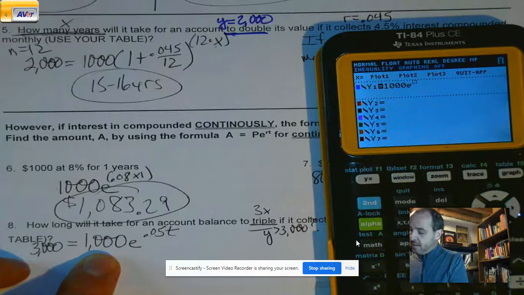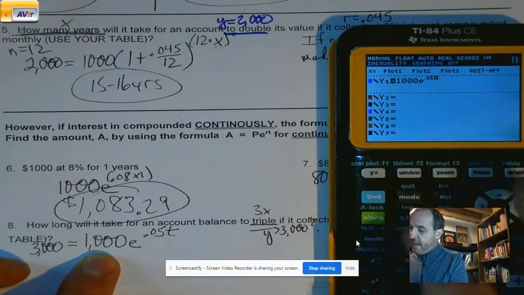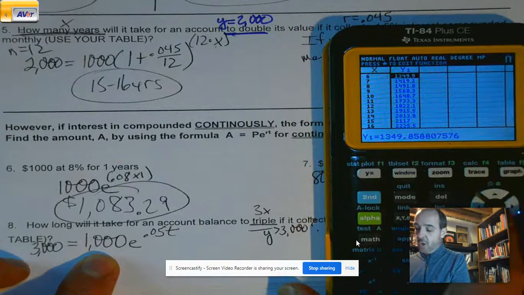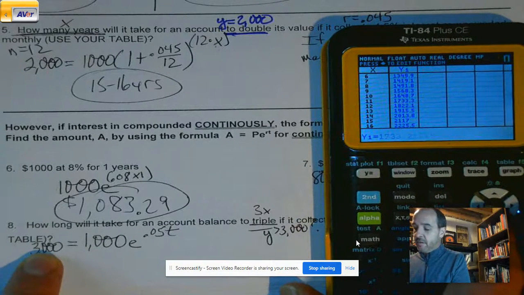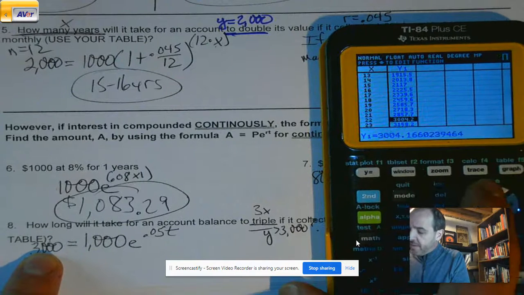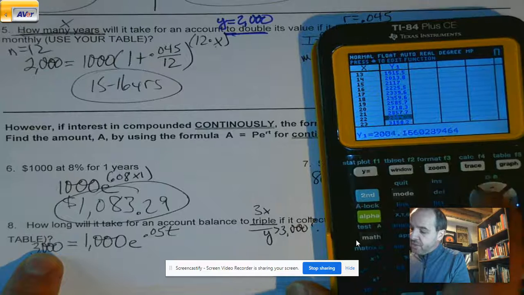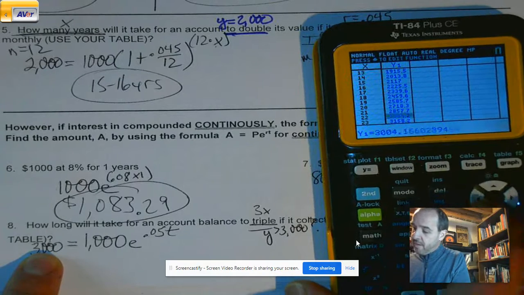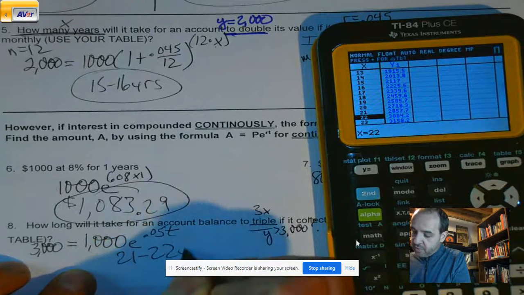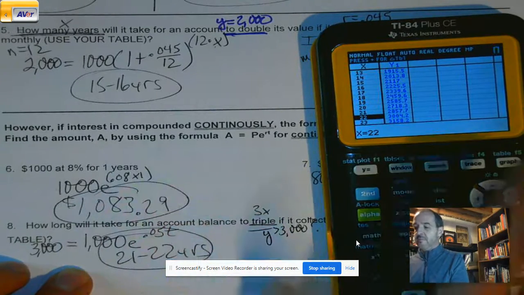Second ln, 0.05x. Pull my chart. And again, the goal, 3,000. When I see 3,000, I can stop going. Oh, saw 3,000, there it is. So it's between these two, really close to this one, but nonetheless between them, 21 to 22 years.